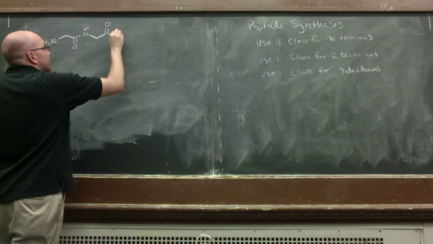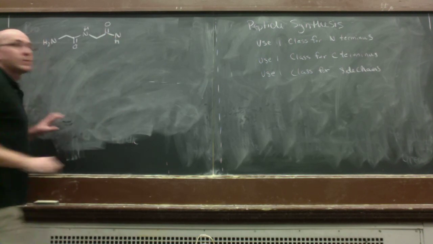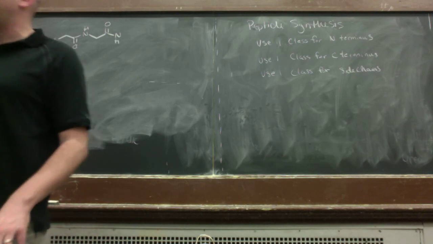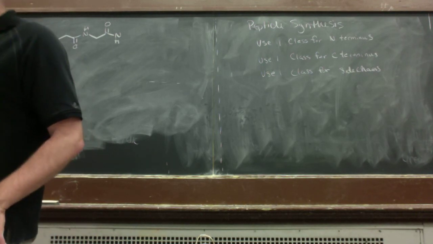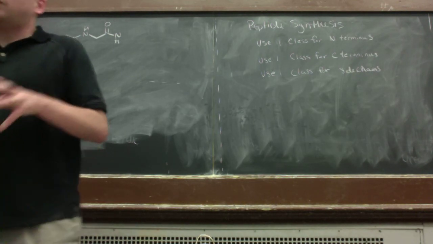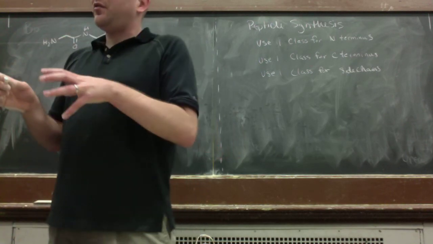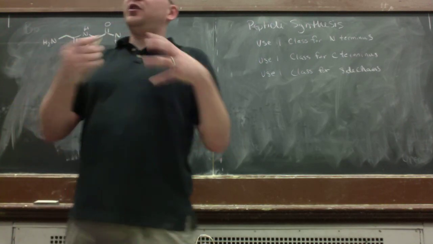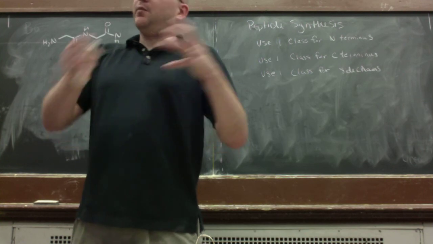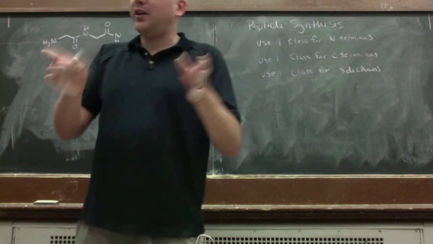What was the acid sensitive carboxylic acid protecting group? A t-butyl group. It's the same idea. So for the acid sensitive, you can use the t-butyl group, and it's going to be the Boc group, which is also t-butyl. So there's that parallel there.